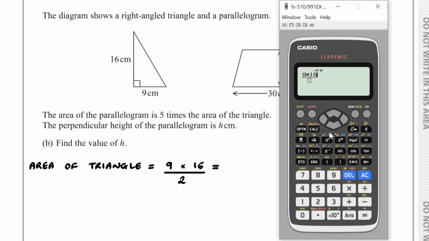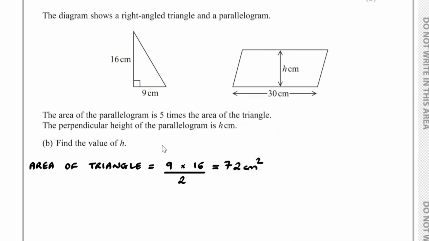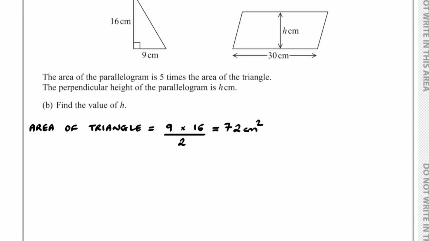Well, the area of the triangle is equal to 9 times 16 divided by 2, which is 72 centimeters squared. And we know that the area of the parallelogram is 5 times this. So the area of the parallelogram is equal to 5 times 72, which is equal to 360 centimeters squared.